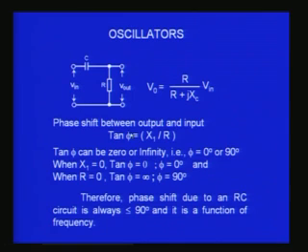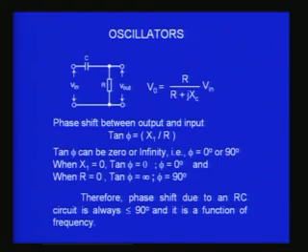And therefore, you would find tan phi can be 0 or infinity or any other value in between. If phi is equal to 0 or 90 degrees, then X1 is equal to 0. When X1 is equal to 0, tan phi is equal to 0 in this formula, and therefore phi is equal to 0 degree. When R is equal to 0, the denominator, then tan phi becomes infinity and phi becomes 90 degrees. So using one RC combination, you can have any phase difference between 0 and 90 degrees only, not more.